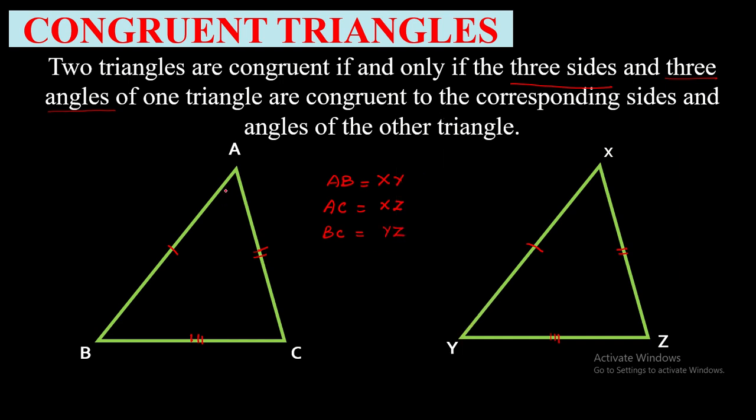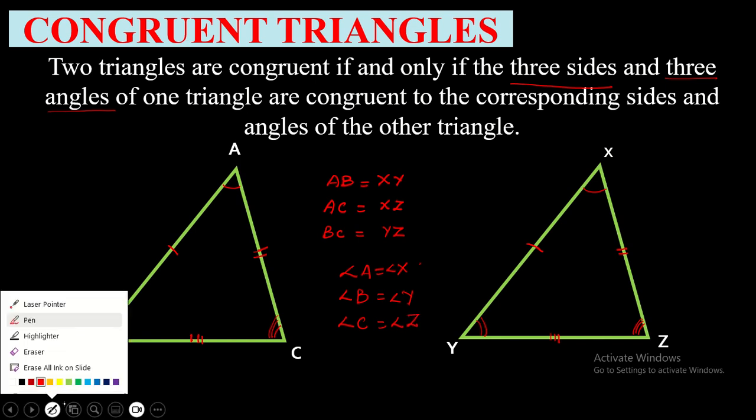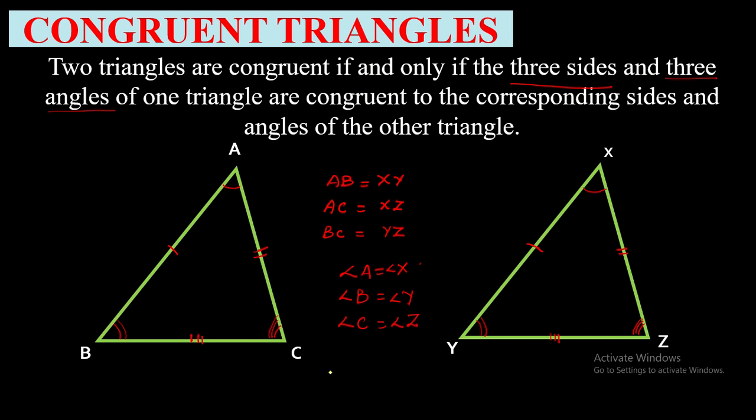And angle A is equal to angle X, angle B is equal to angle Y, and angle C is equal to angle Z. So three sides and three angles of one triangle are equal to three sides and three angles of another triangle.